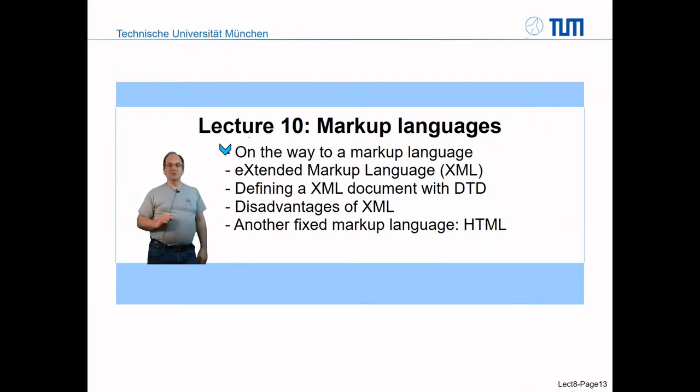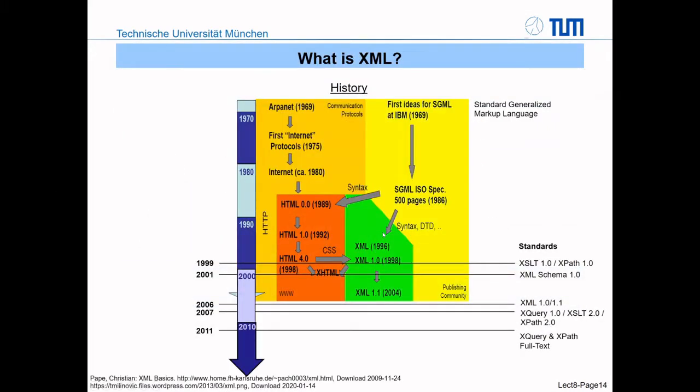So that you don't do anything you want, there are standards. And we want to go now to this standard, the extended markup language. Markup languages have a long history. They're almost as old as the internet, because the first markup language which was created was HTML.